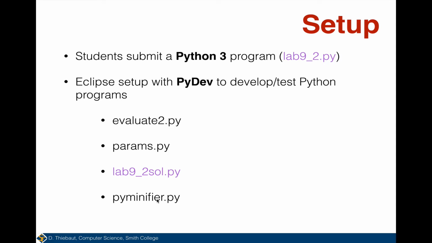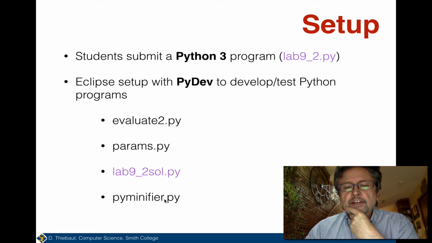And PyMinifier is a program that has been written by, whose name I will mention later. And basically it's a program that will strip Python of all comments. It's pretty clever the way it does that, so that it will look at strings and will not remove comments that could be in string if you have pound signs.